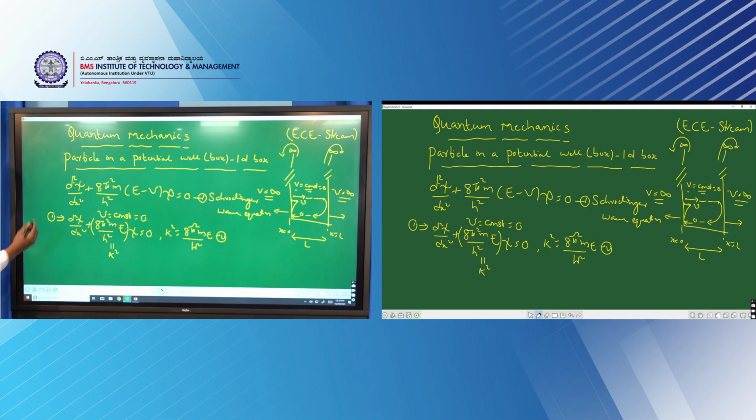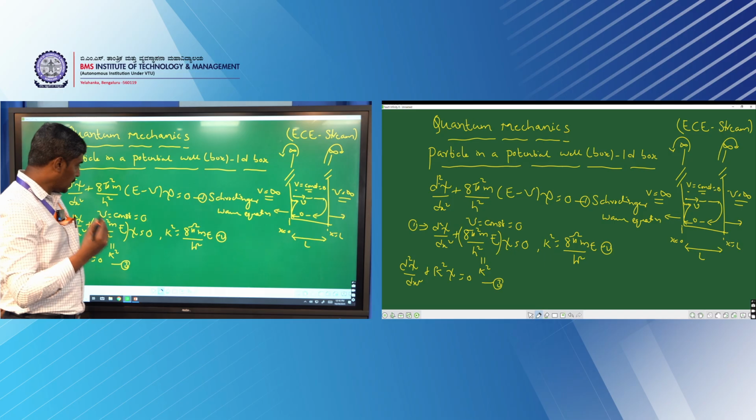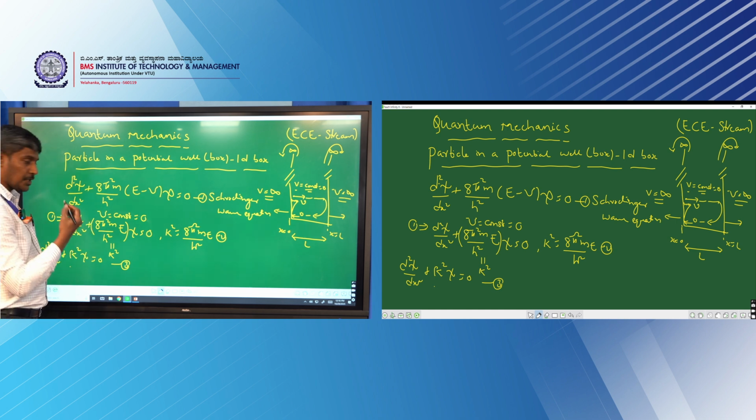Therefore I get d square psi by dx square plus k square into psi is equal to 0. This is my equation number 3. In mathematics we have studied such an equation; it is called a second order linear equation. What is the general solution of any second order equation?